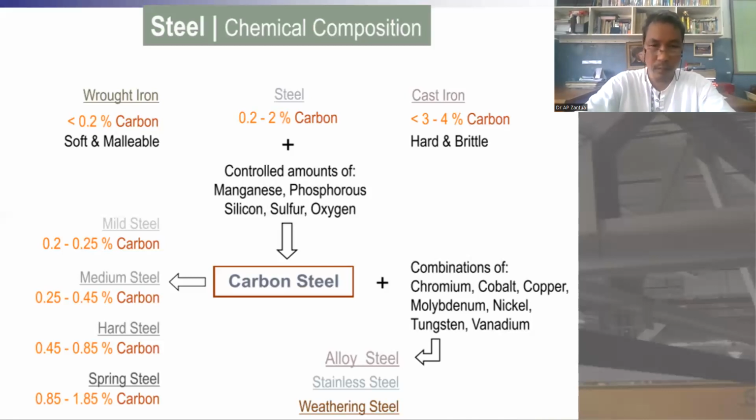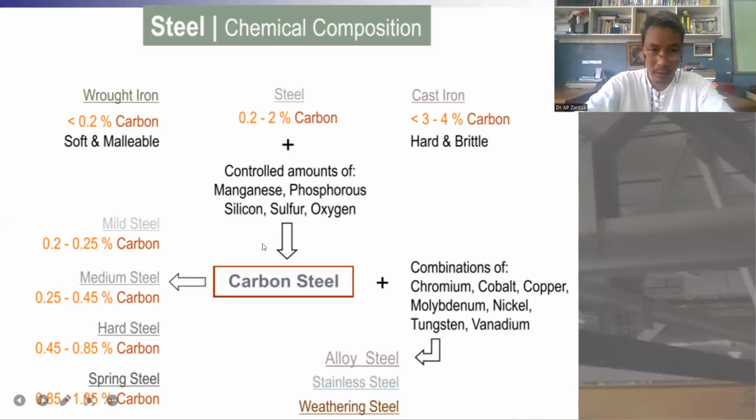So iron, carbon, MPSSO: manganese, phosphorus, sulfur, silicon, and oxygen. So that is now our carbon steel.